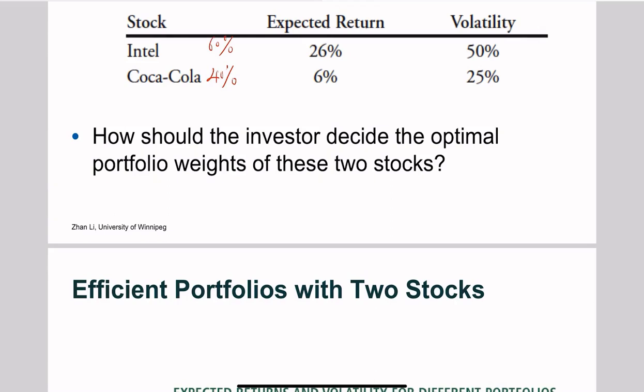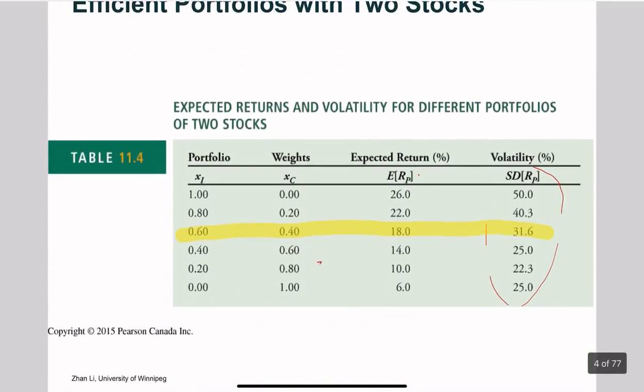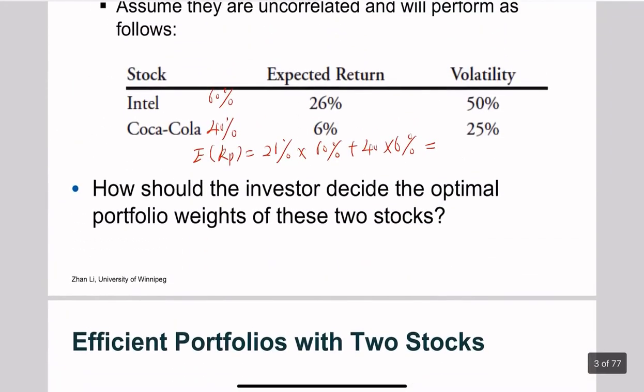To calculate the expected return of the portfolio, the expected return of the portfolio equals 26% times 60% plus 40% times 6%. So I guess this gives us 18%. Let me see if it's actually 18%.